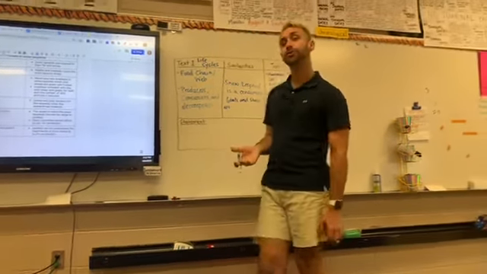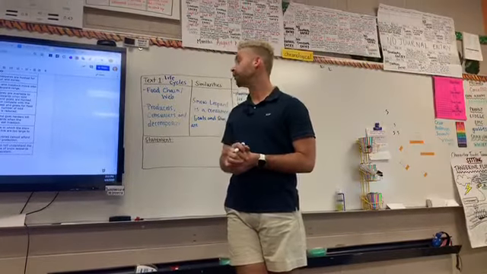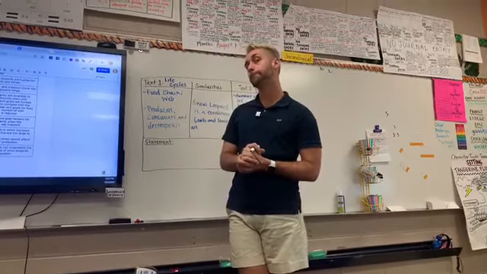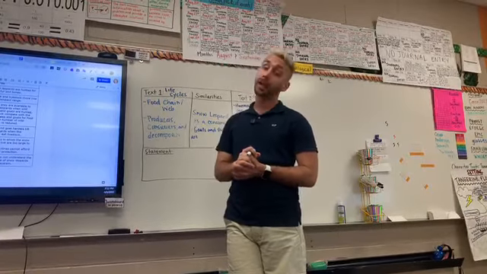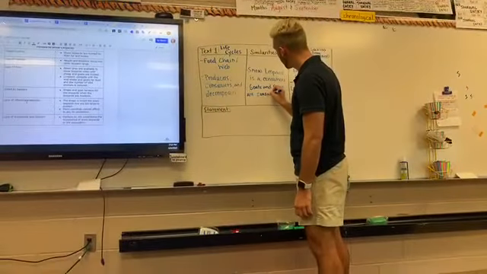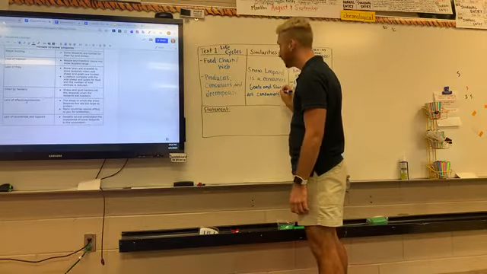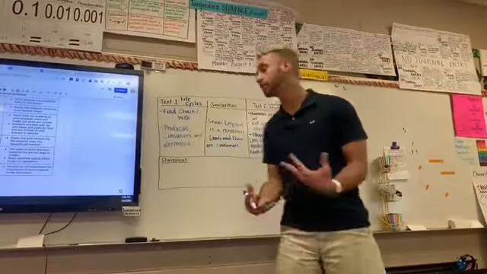Are they consumers or decomposers or producers? Goats and sheep, I would say that they are also consumers, because they have to eat vegetation, like it said in the passage, like grass and crops, in order for them to survive.